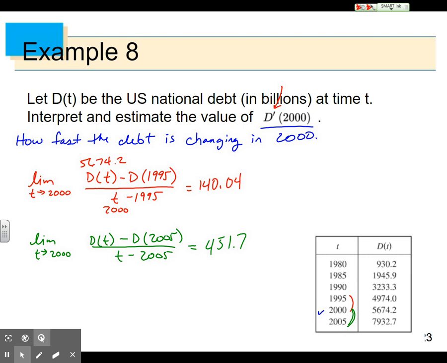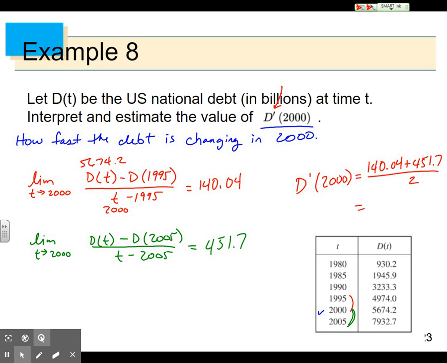So the best I'm going to be able to do to find what the national debt was changing by in the year 2000 is to take these two numbers and simply average them. So I have 140.04 and I have 451.7.